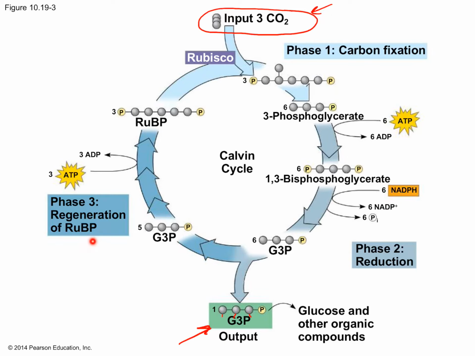Now we're over here to phase 3, regeneration of our CO2 acceptor, the gateway molecule, RUBP. So we now have 5 of our 6 G3Ps left, so 5 times 3 is 15 carbons. All of the rest of this is really just sort of a rearrangement, okay?